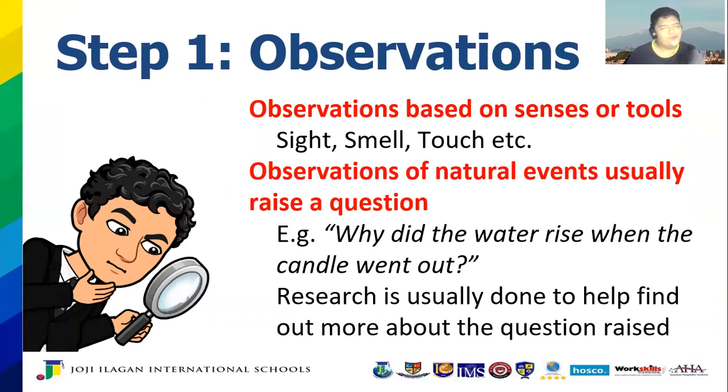Use your senses or raise a question about something. It might not be relating to science. It can be your behaviors. It's a science, behavioral science. It's about maybe your relationships, boyfriend, girlfriend. You can use the scientific method to solve your relationship problems.